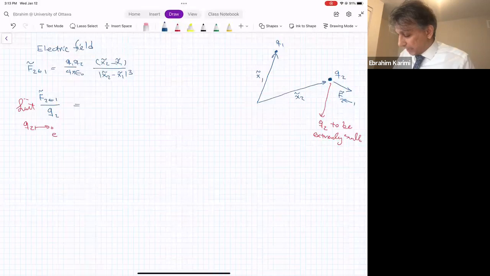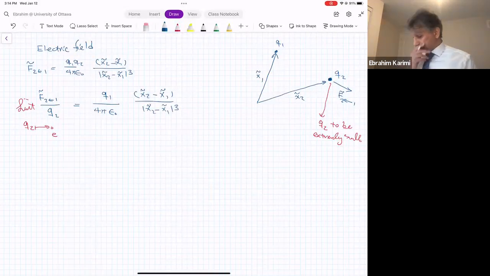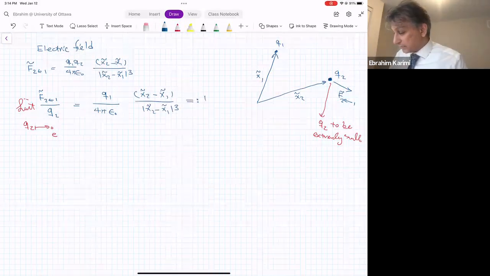So if you do the mathematics, you will get the expression Q1 divided by 4 pi epsilon naught, times x2 minus x1, divided by the magnitude of x2 minus x1 to the power of 3. And we call this the electric field due to charge 1 at position x2.